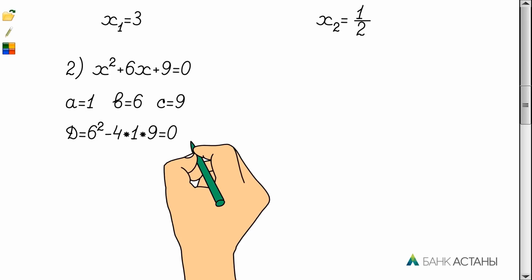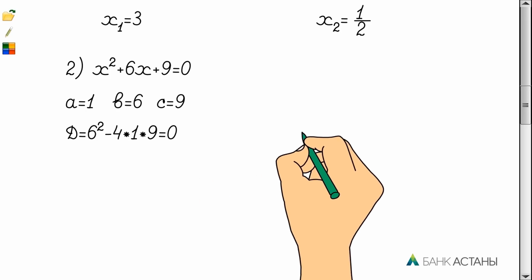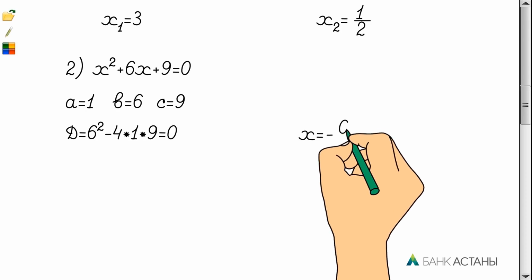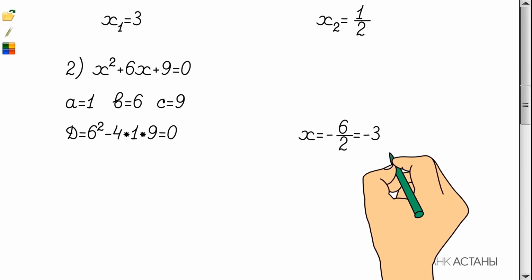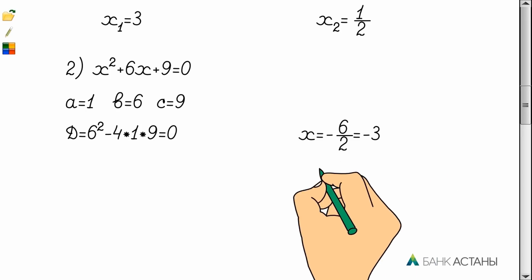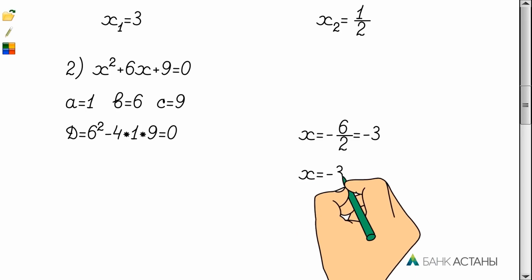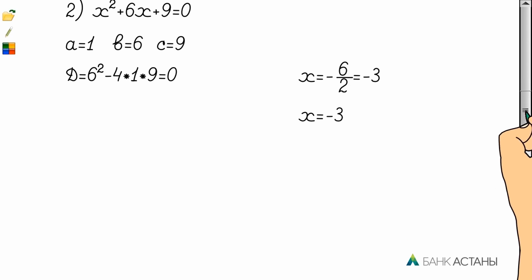When the discriminant equals 0, the quadratic equation has only one root. x is equal to minus 6 divided by 2, which is equal to minus 3. The answer is x is equal to minus 3.